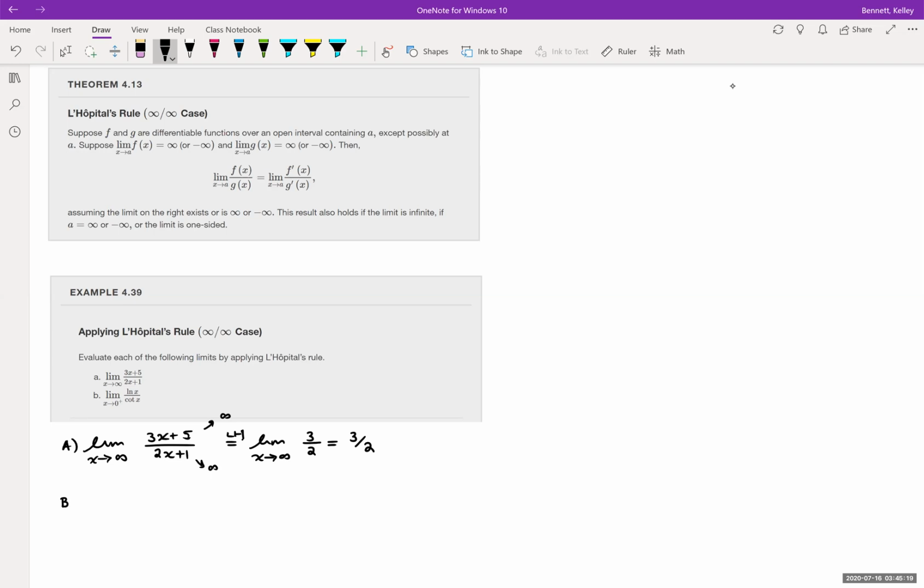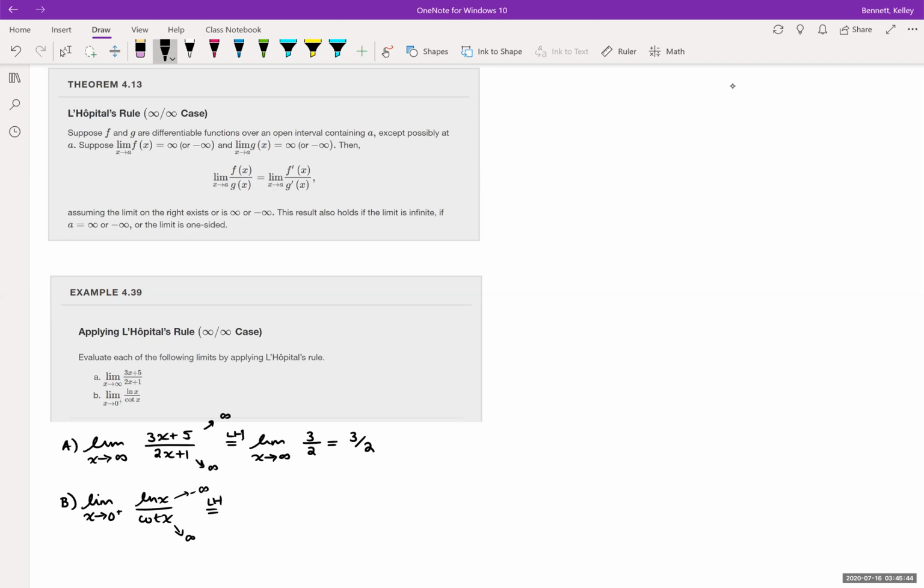And then for B, we have the limit as x goes to 0 from above of ln of x over cotangent of x. As x goes to 0 from above, this goes to negative infinity and infinity. And the negative doesn't change anything. So we could even have a constant.